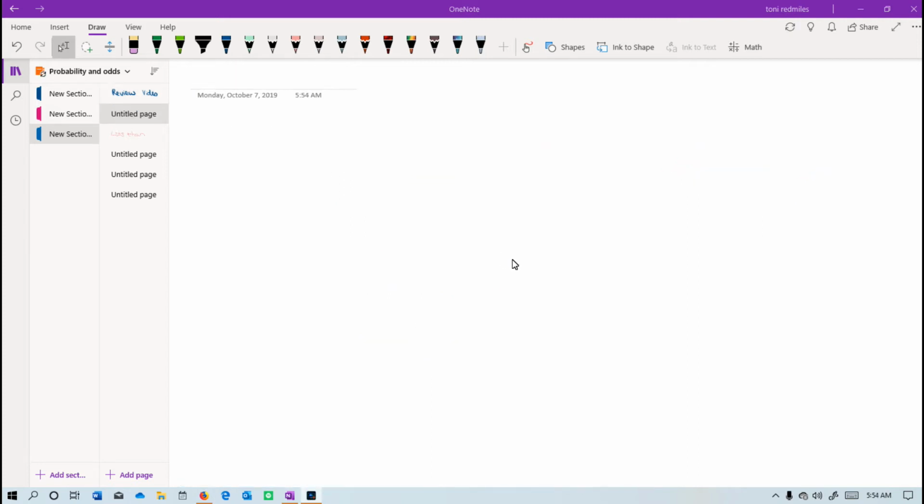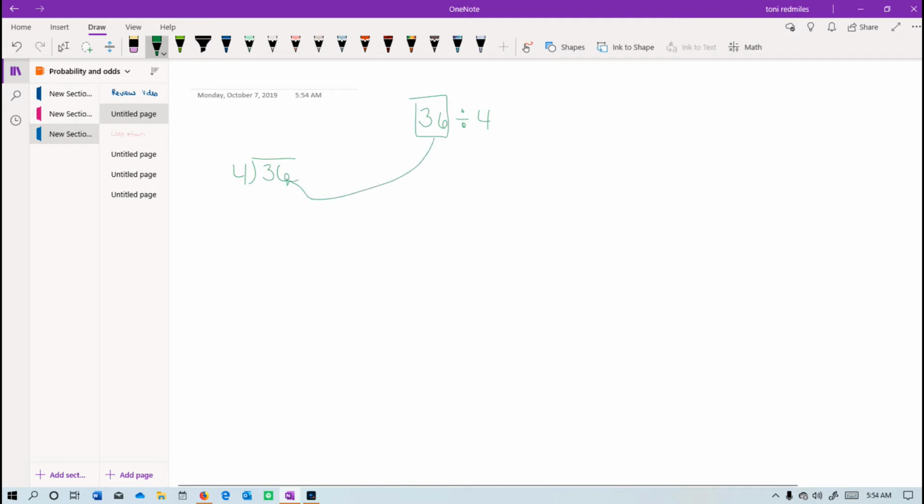In this one we're going to do some divisor problems. I'm going to start out small. In this first one, we're going to do 36 divided by 4. If I were to write this in a different manner, I would have to know that this first number goes inside the divisor hat, and this one goes on the outside.